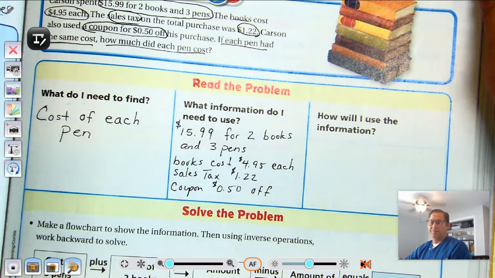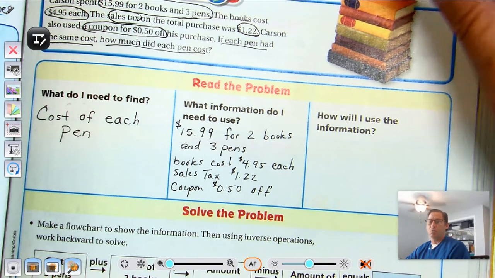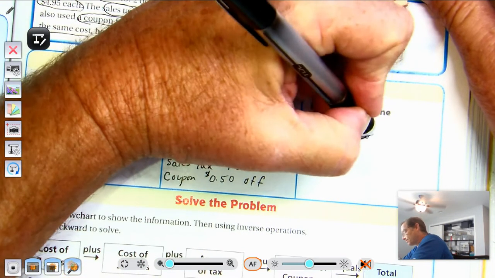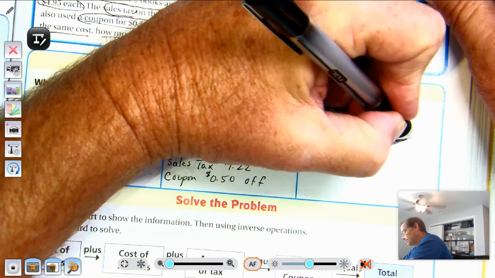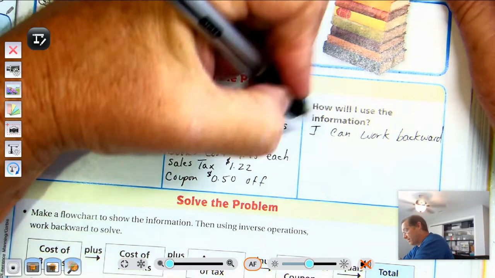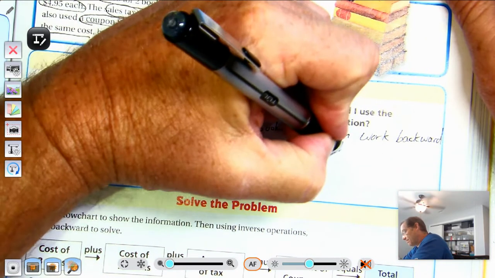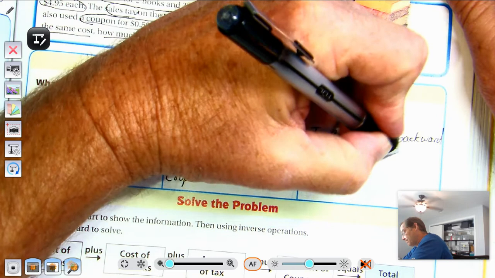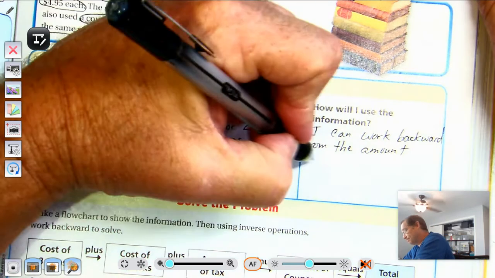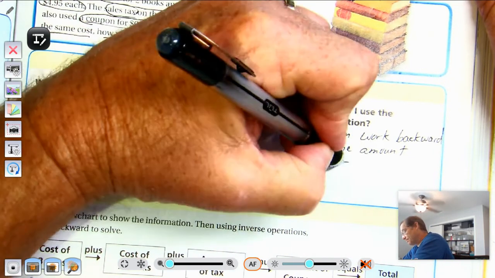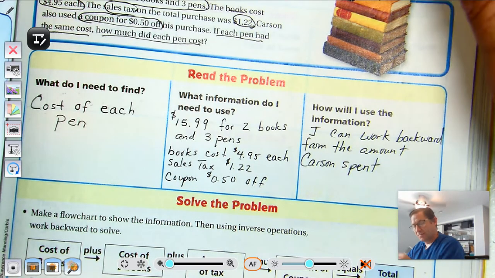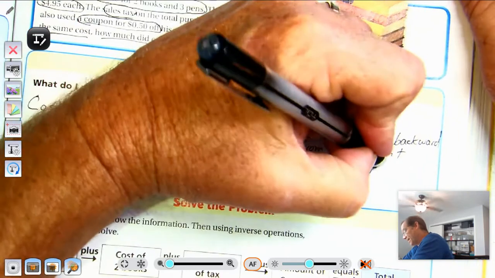So how will I use this information? So again, we're working on the strategy working backward. So I can work backward, and work back from the amount Carson spent to find the cost of each pen.